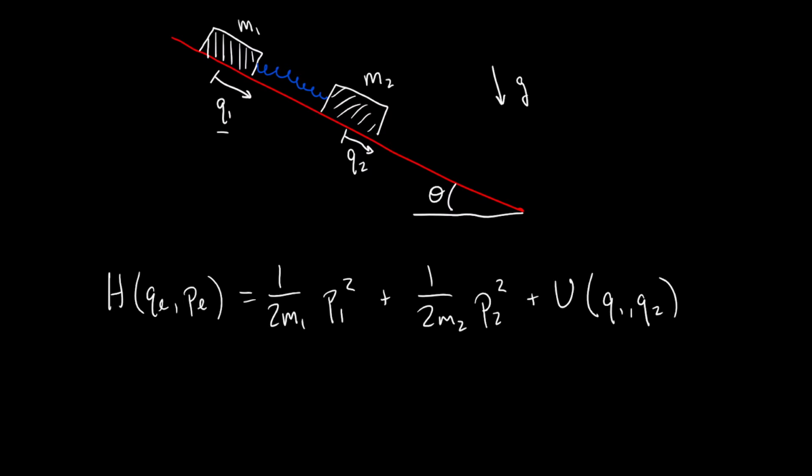Okay, so now we want to focus on what this potential energy is. Well, in this case, we have two sources of potential energy. In particular, we have one, which is the potential energy coming from the spring, and then another one, which is coming from just gravity pulling down on both of these things.